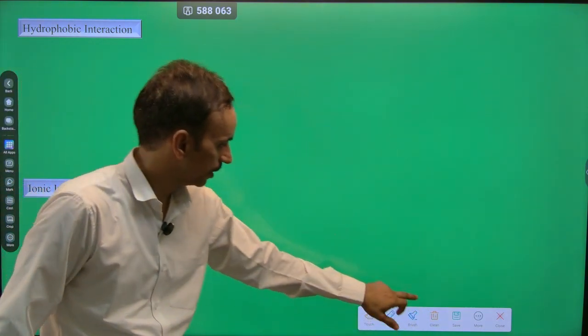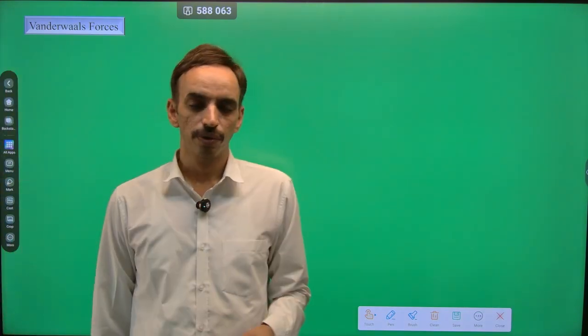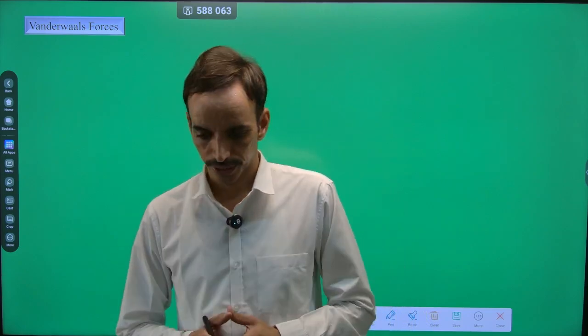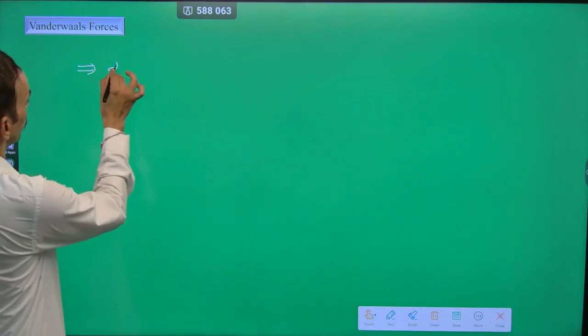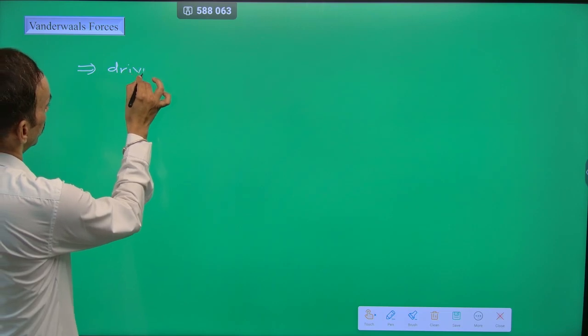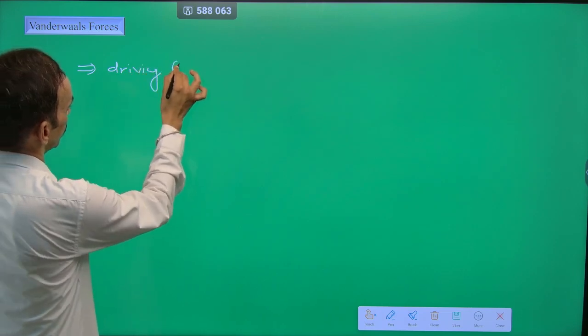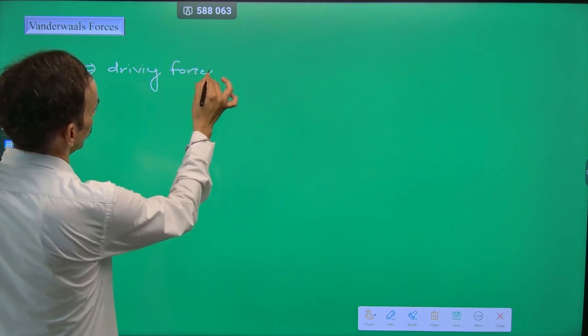नेक्स्ट type of bonds are the van der Waals forces. When the molecules cannot be bound by any type of bonding, the force by which it gets stabilized is called the van der Waals forces. Now, van der Waals forces are not a driving force. अब driving force क्या होते हैं?